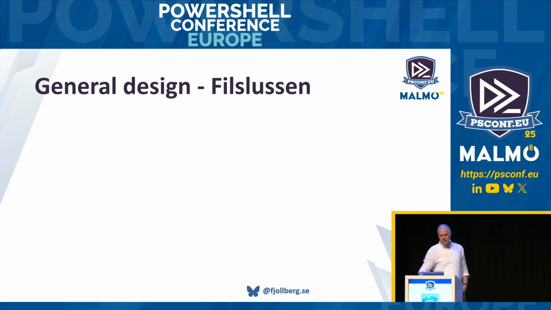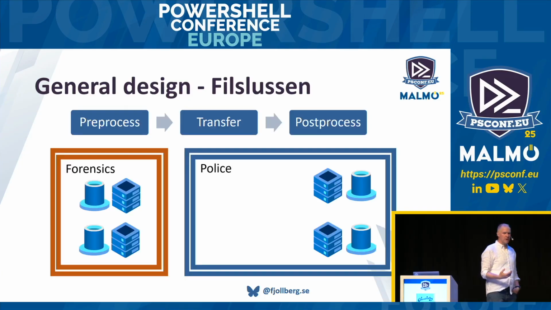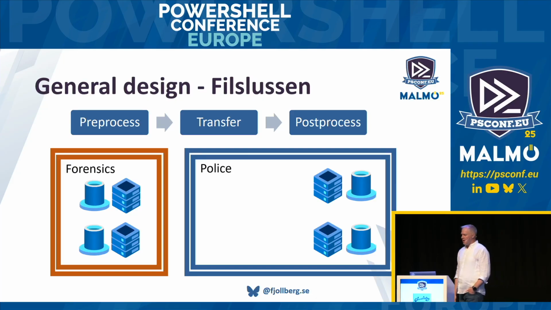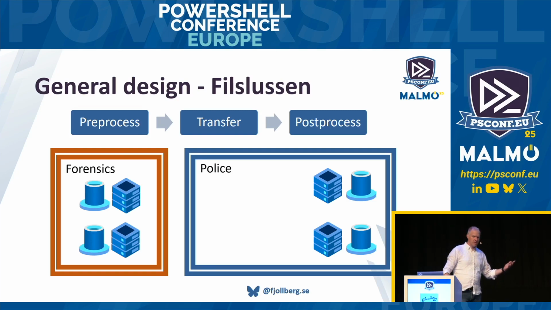So we started thinking about what does it have to look like really? This is a wide area network. What really kills performance when dealing with these very large file system structures is latency. And Sweden's pretty long.